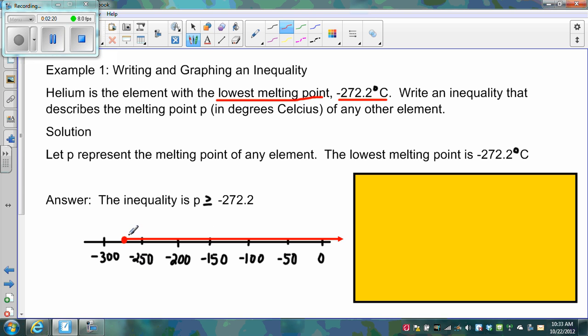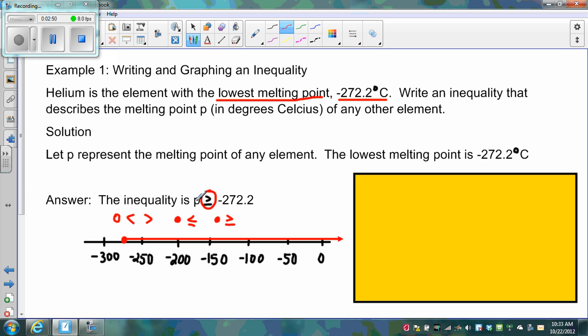We use a filled-in dot if it's less than or equal to or greater than or equal to. If it's just a less than or greater than sign, our dot's open. That's why it's filled in here, because we have this sign.